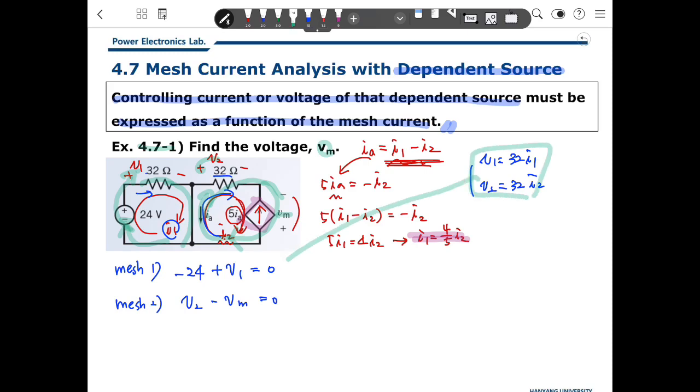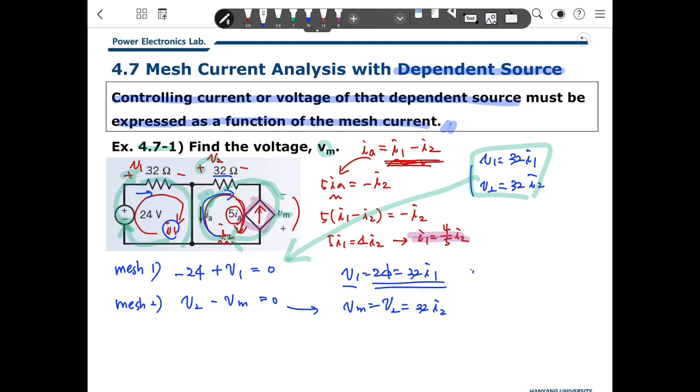So I insert those values here: V1 is 24, V1 is 32 I1, and here Vm is V2, and V2 is 32 I2.